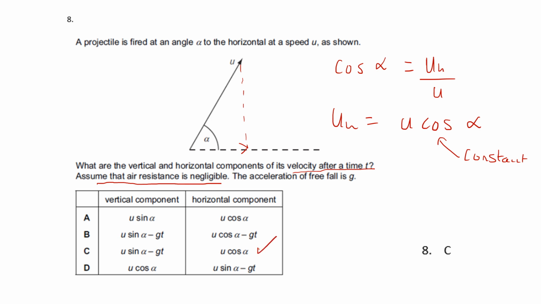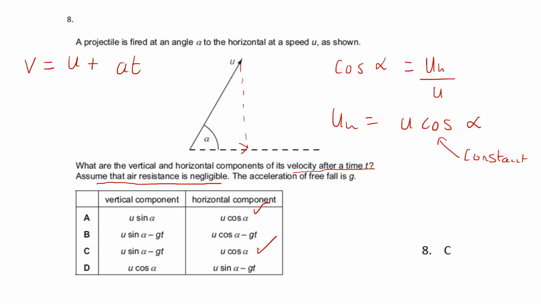And then if we look at the vertical component, we're going to need to apply a suvat here. For example, if we use v equals u plus at, that would give us the velocity after a time t.